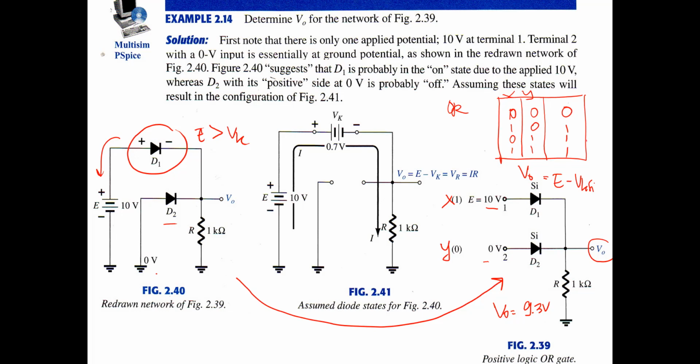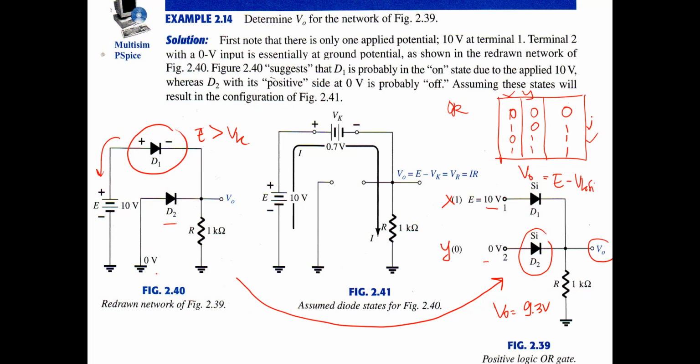The output is 1. And then if we reverse the polarity, we connect diode 2 to 10 volts and diode 1 to ground. We get similar results, and VO is close to E. And then if we connect both diodes to ground, it's like terminal 1 is 0 and terminal 2 is 0.